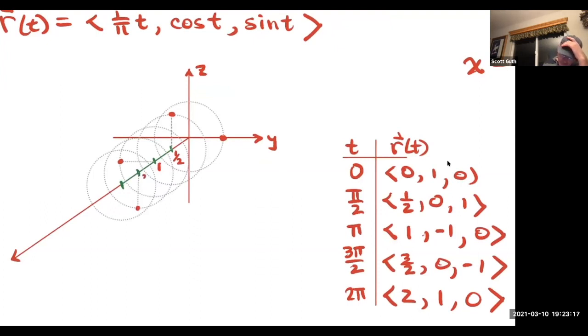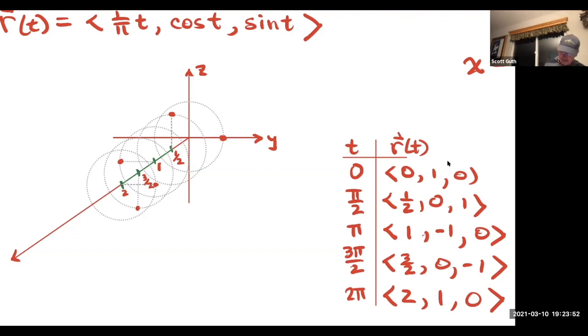This is 3 halves, and this is 2. And 2, 1, 0, let me draw my guideline here, is going to go to the left, like this. So I'm going to draw my little last point right there. And then what I'm going to try and do is draw this.